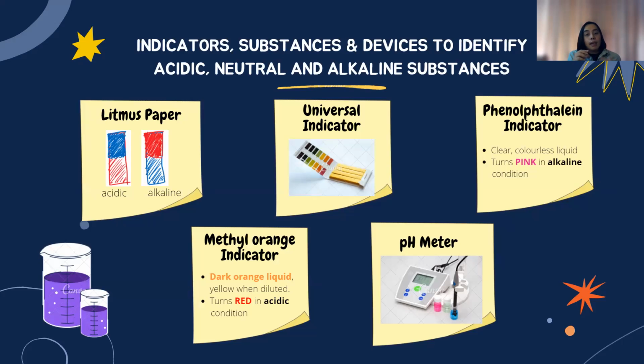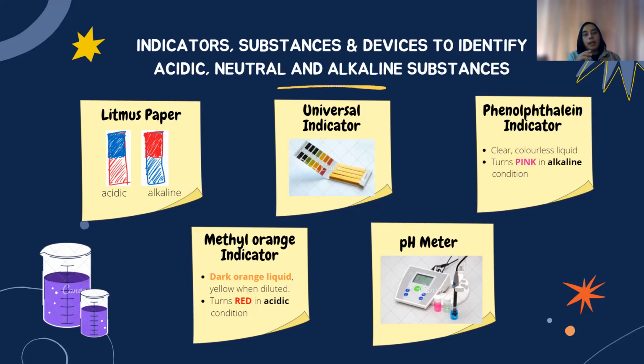And the fourth one, we have methyl orange indicator. It is a dark orange liquid, but it is brilliant yellow if it's diluted. When it comes in contact with an acidic solution, it will turn red.